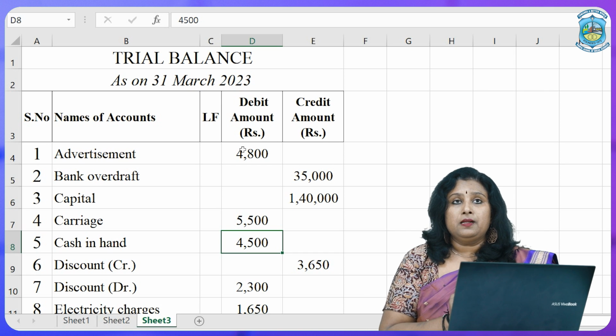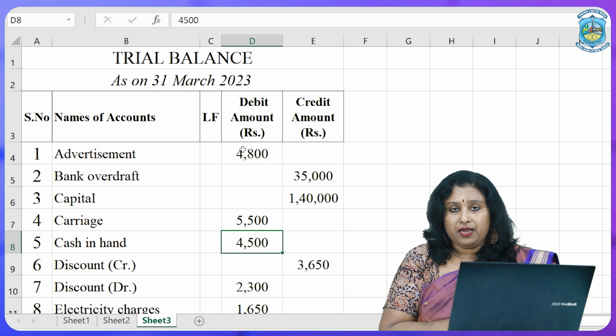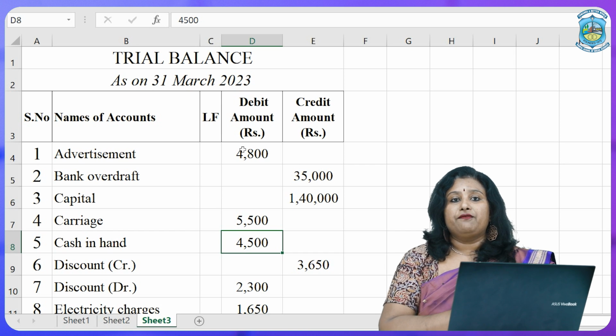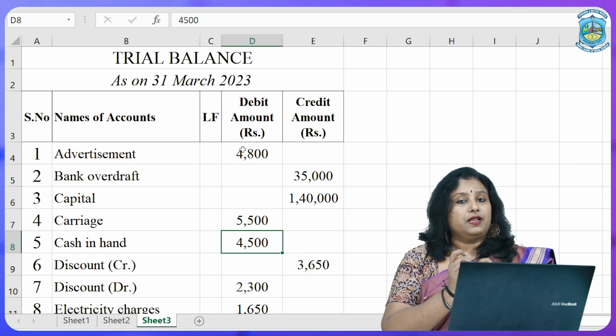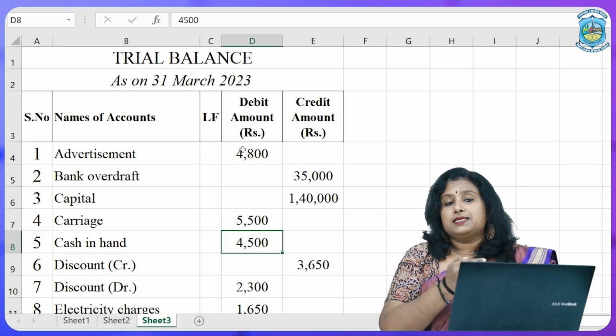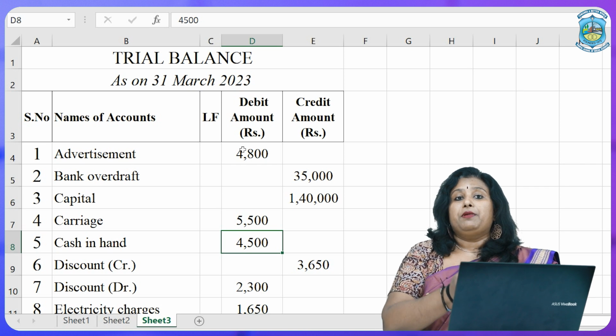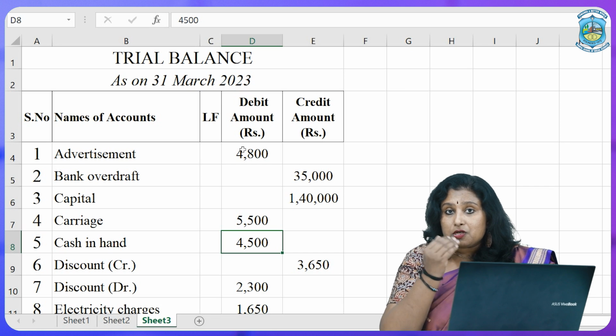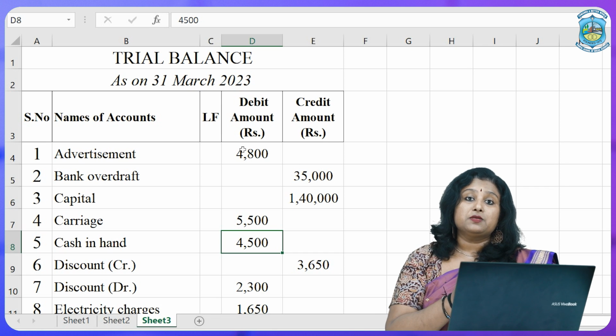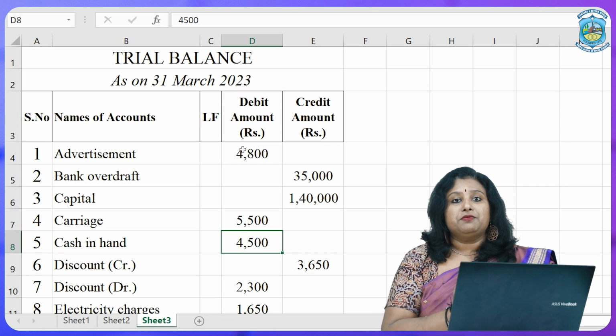Say for example, the wages paid for installation of a machinery. Fine, a machine has to be installed in a factory site, and for that certain wages have been paid. Now, this is a capital expenditure which should be debited to machinery account. But because of lack of knowledge, suppose the accountant has posted it to wages account, there is a mistake.